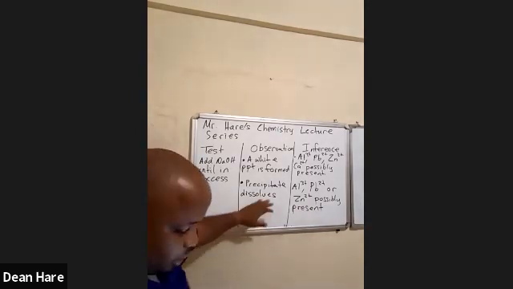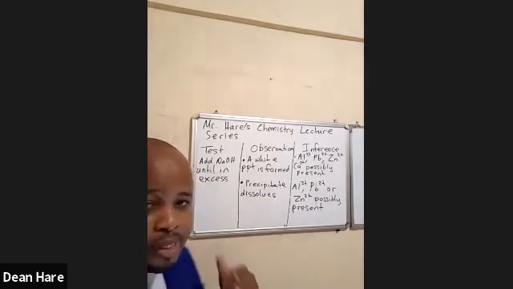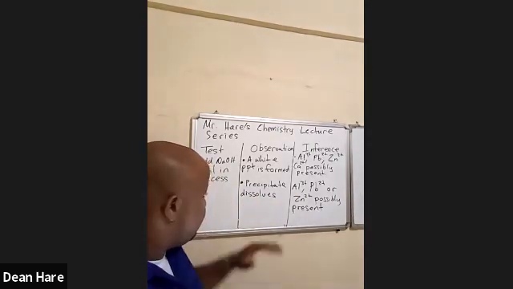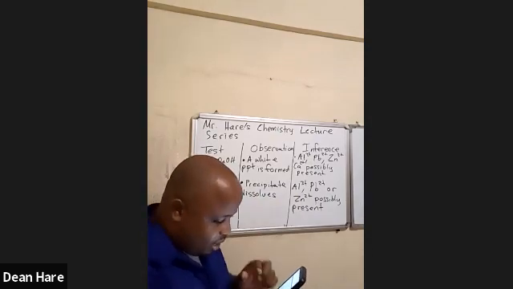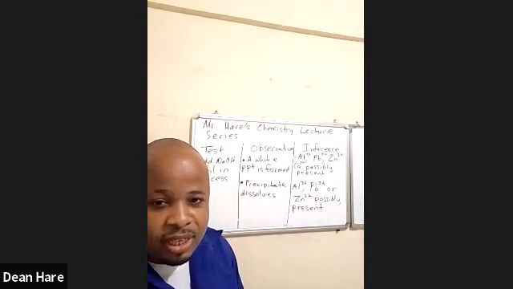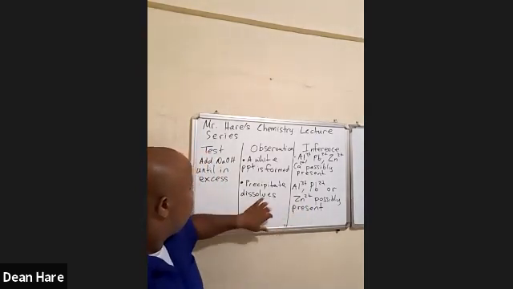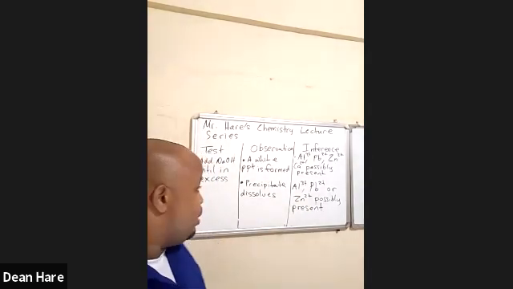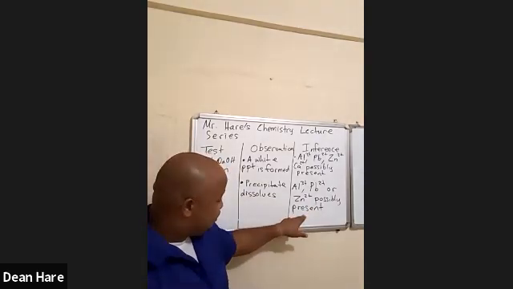All right, so that was the first row of the table, right? Now for the second row, it says to a second portion of M, add aqueous ammonia until in excess. So we are finished with the sodium hydroxide, and now we're moving on to ammonia. Before I move on to ammonia, look right here.